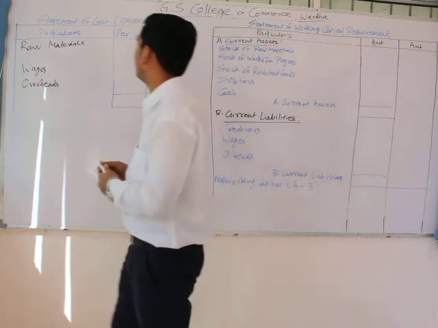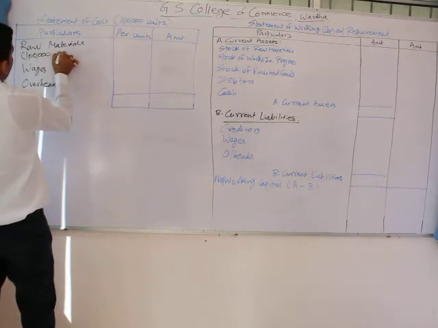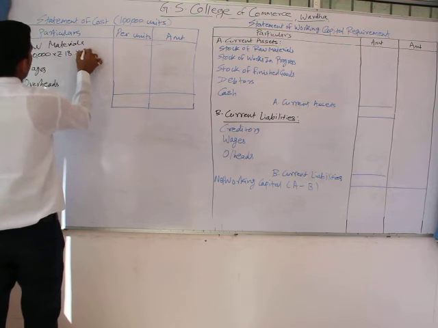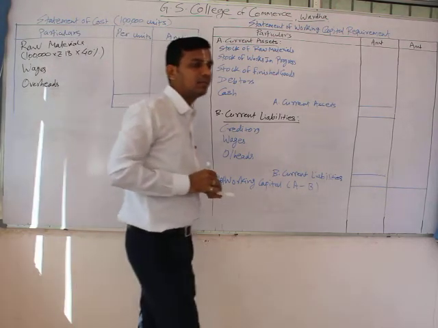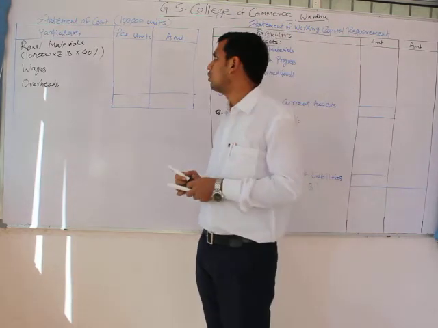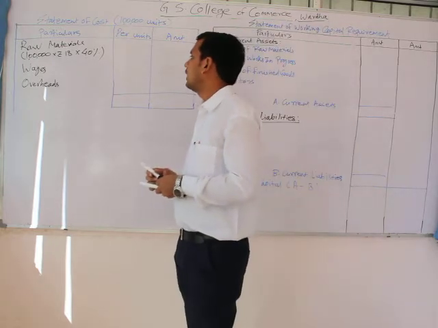With respect to material, what information is provided to us? 1 lakh units into rupees 18 per unit selling price into 40% is the portion of raw material. 40% is the portion of raw material with us, hence we can calculate it like that.